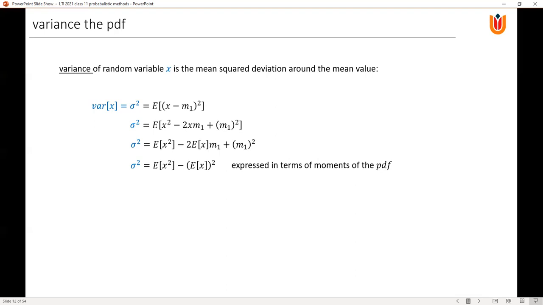So in this case, what would happen if I have a random variable where the mean is 0? What is then the expression for the variance?